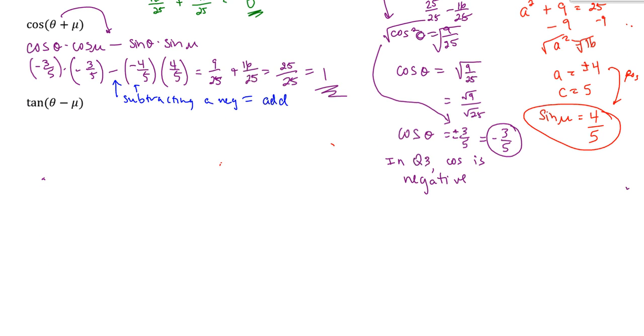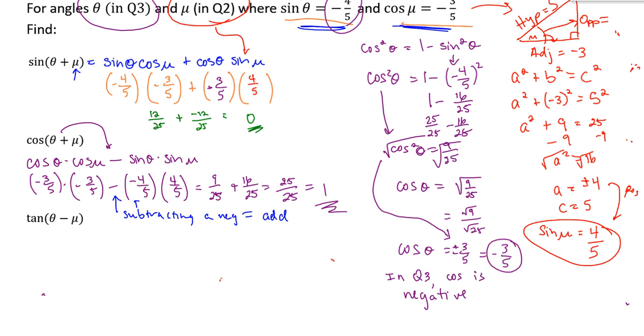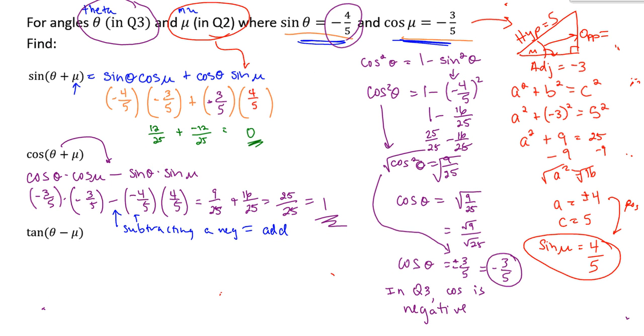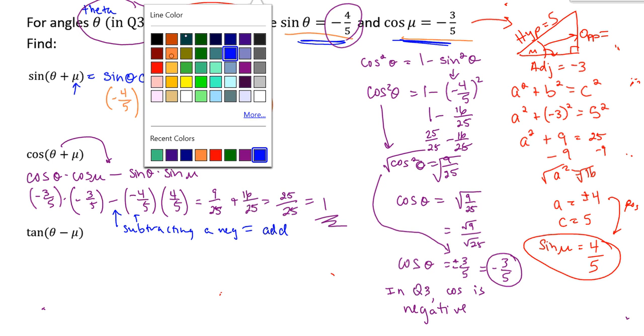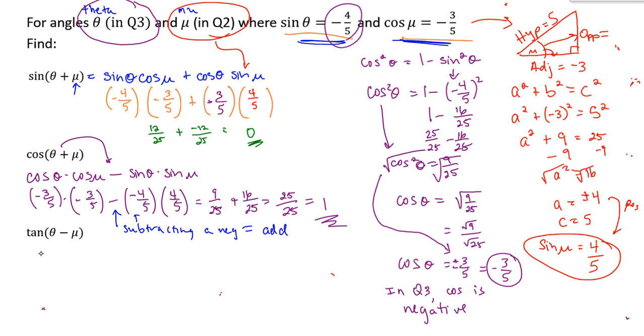Now you've got to do tangent. We don't know the tangent of each of these values, but we do know sine and cosine. So before we can start on the tangent of the difference, we've got to figure out the tangent of each individual one. The tangent of theta, from our identities, is the sine of theta over the cosine of theta.